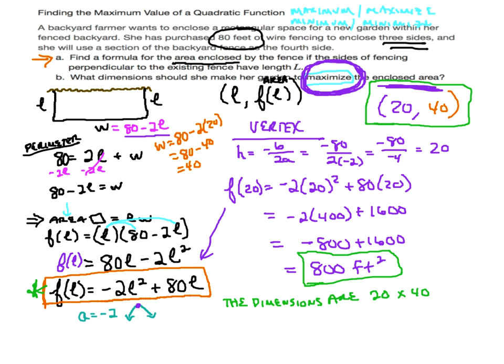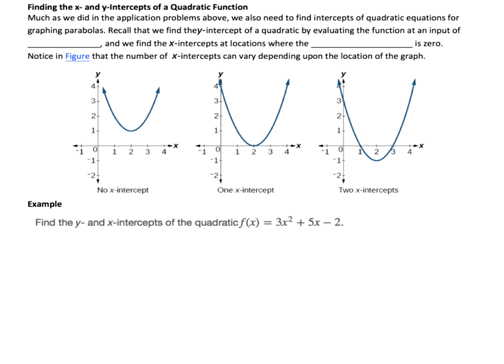So she has a length of 20 and a width of 40. And the maximum area that she can enclose with 80 feet of fencing is 800 square feet. That's it.